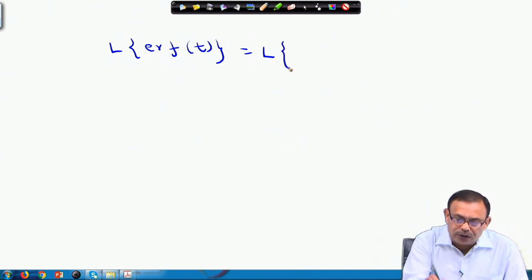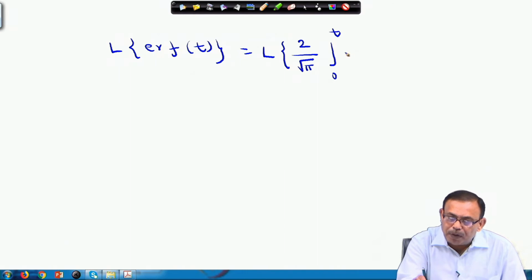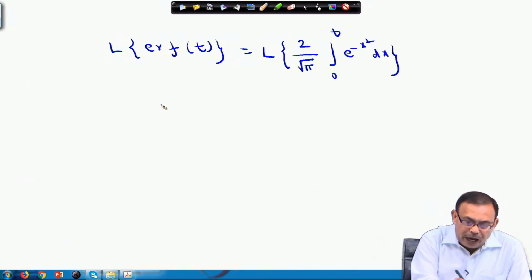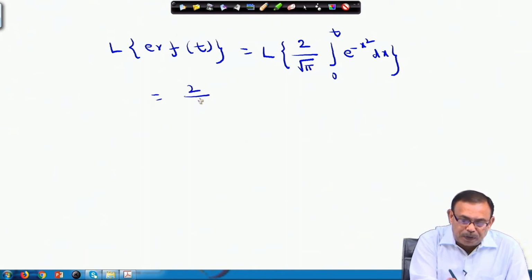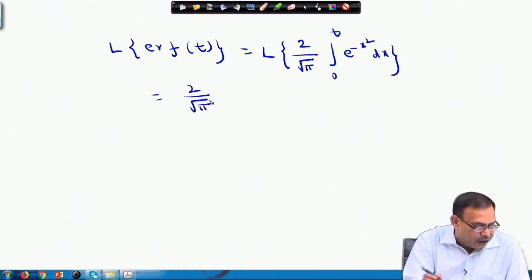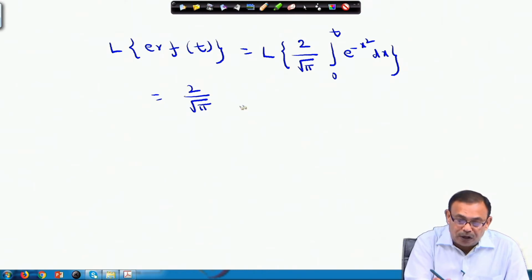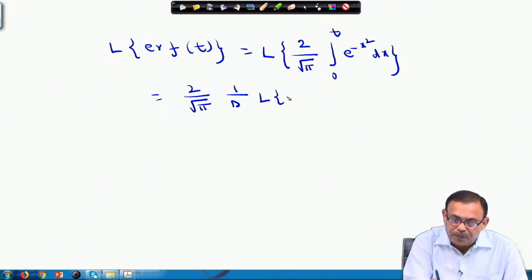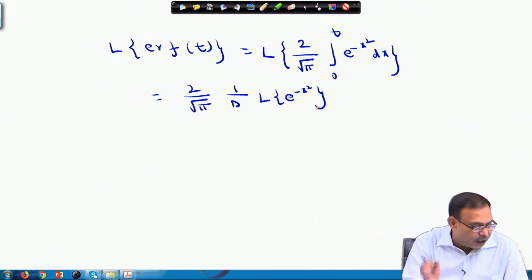So, this equals Laplace transform of 2 by root pi into integral 0 to t e power minus x square dx, and this equals 2 by root pi, I can bring it outside. Using the integral property of Laplace transform, I can write it as 2 by root pi into 1 by s into Laplace transform of e power minus x square.